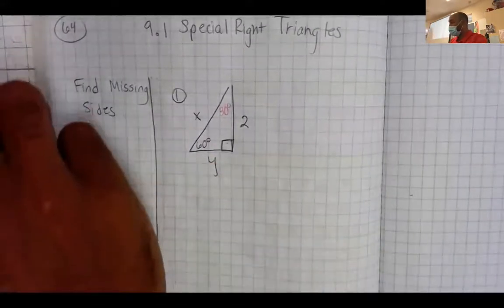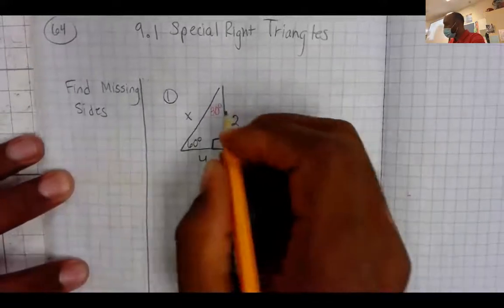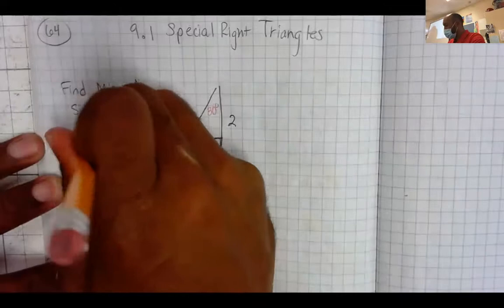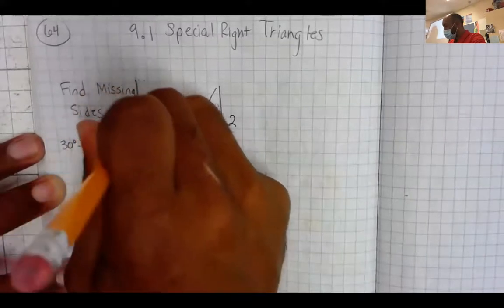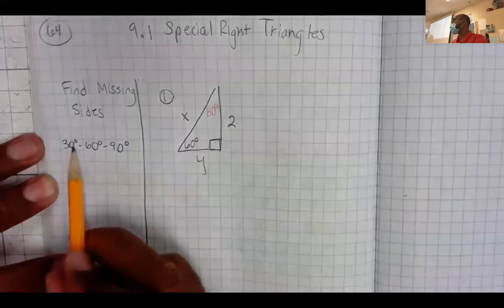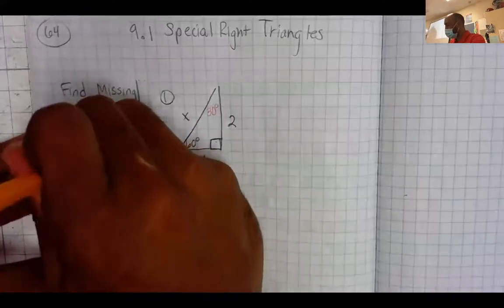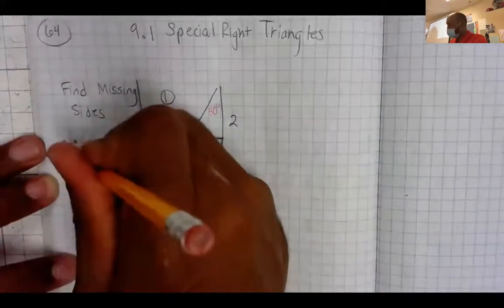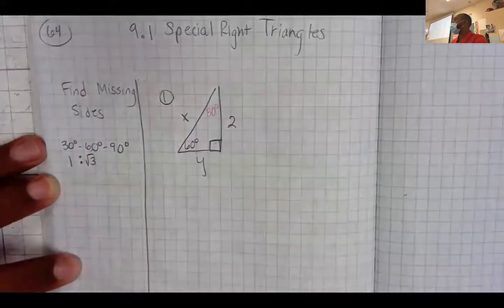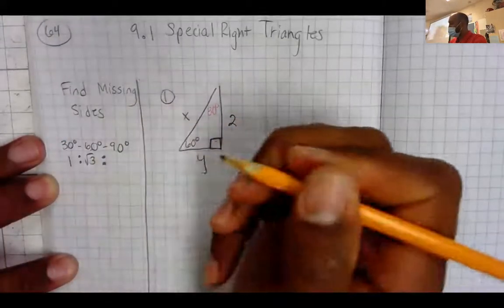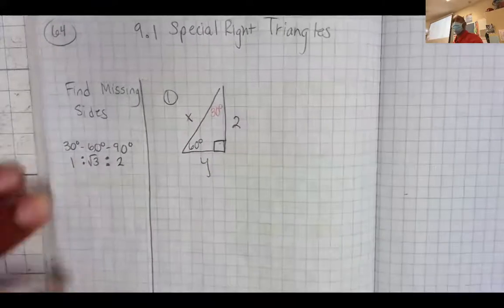All right, the ratio that these have is the side that is across from 30 has a ratio of 1. The one that's across from 60 has a ratio of square root of 3. And the ratio across from 90 is 2.